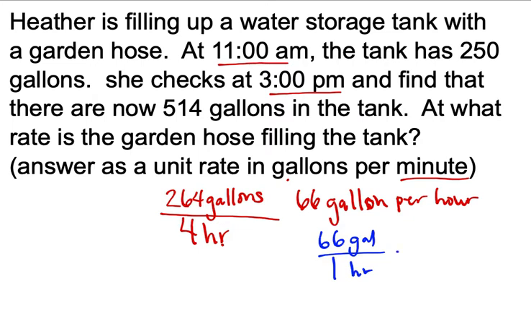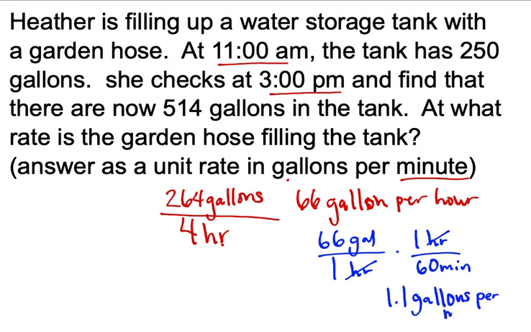We need to change that to minutes, so I need to be able to get rid of hours and replace it with 60 minutes. So 66 divided by 60, that's 1.1 gallons per minute. And that would be the answer in gallons per minute.